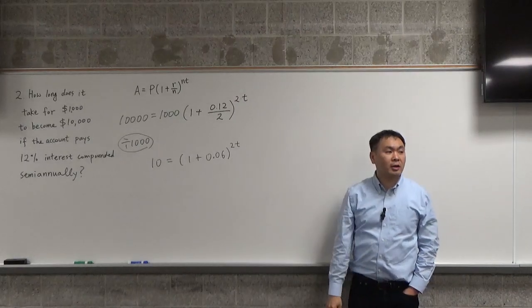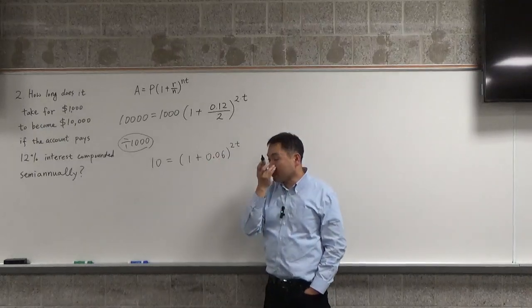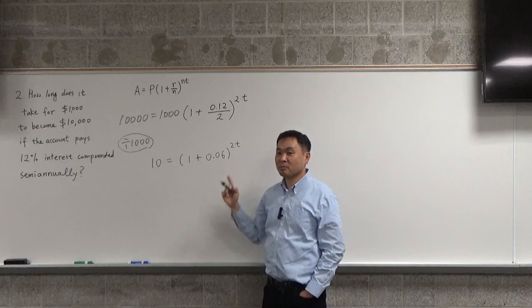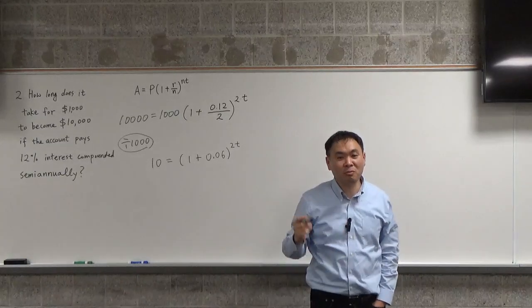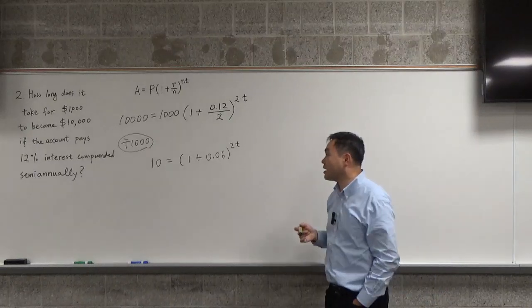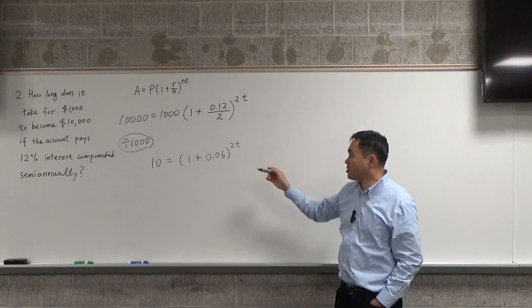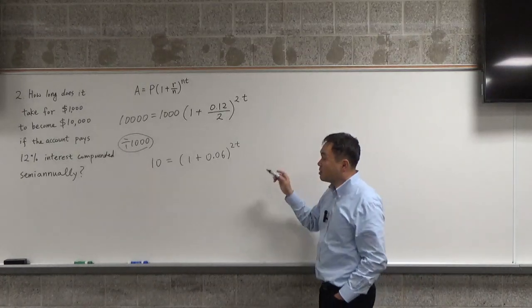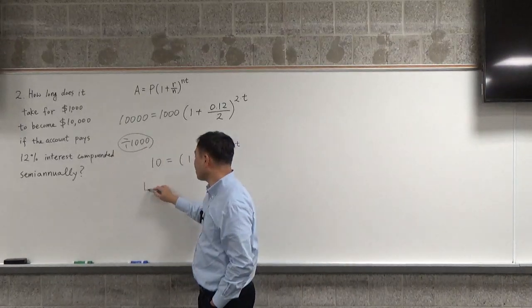Now, when you have an exponential equation like this, a lot of times I say take the log base of this number to cancel it. But this is a decimal, and it's kind of ugly to have log base a decimal. So when it's an ugly number, don't take log with that base. Just take ln of both sides, okay? For these interest rate problems, just take ln all the time.